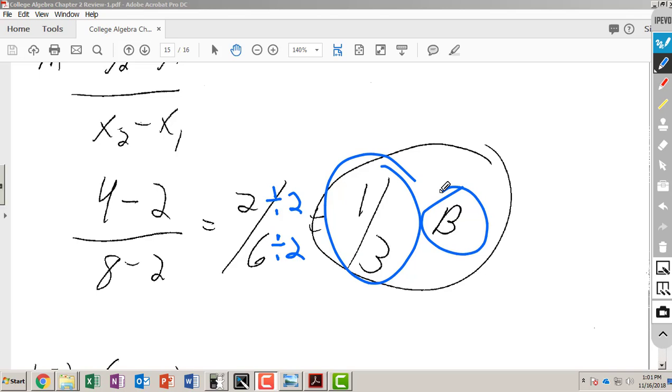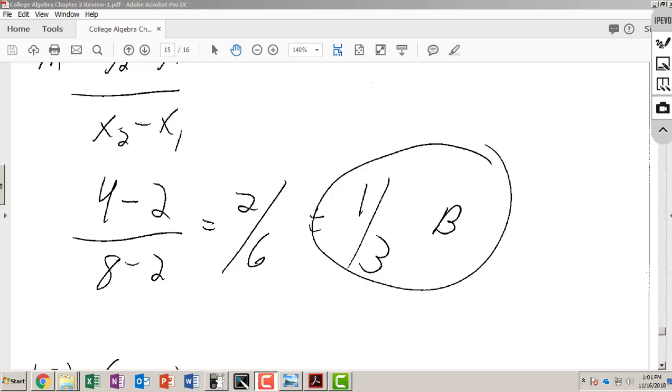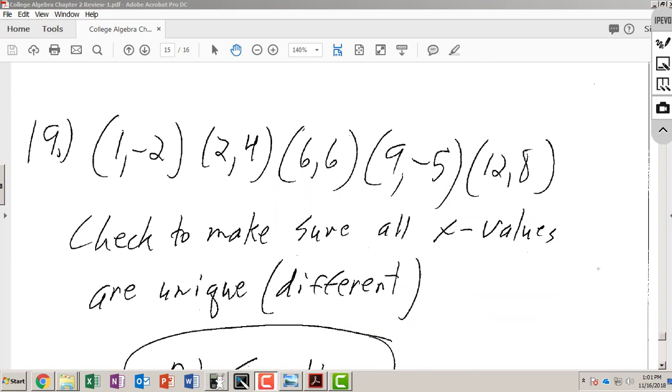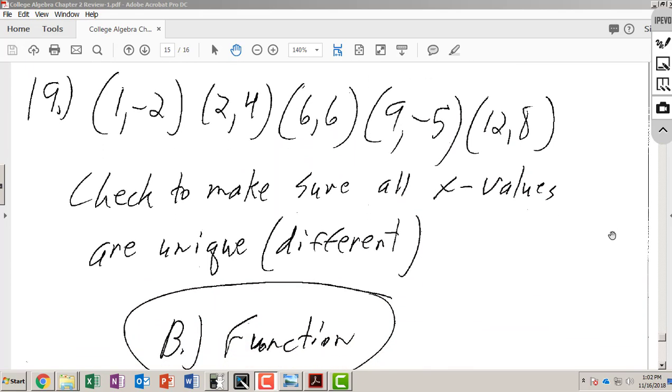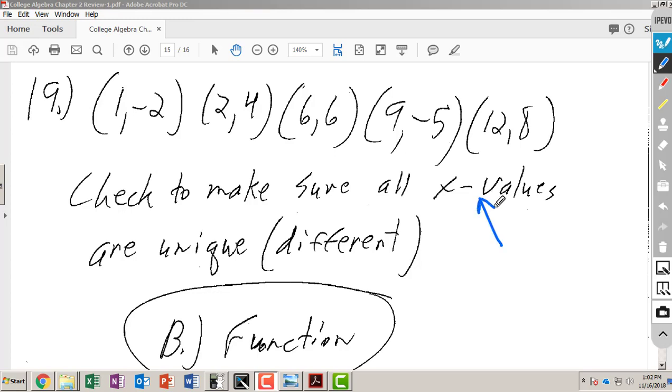On number 19, we just want to decide whether this is a function or not. If you remember correctly, for functions, all of their domain, or their x values, are different. Since all their x values, which is their domain, are what's called unique, in other words, they are all different.